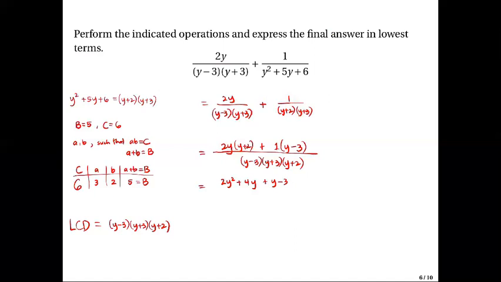And then for this, what do we get? Let's write the denominator. Denominator, you still have y minus 3, y plus 3, y plus 2. Then if we simplify the numerator, we'll have 2y squared plus 5y minus 3 divided by y minus 3, y plus 3, y plus 2.